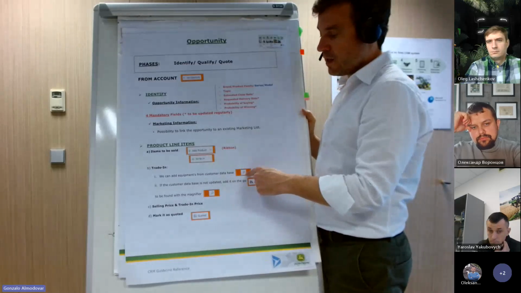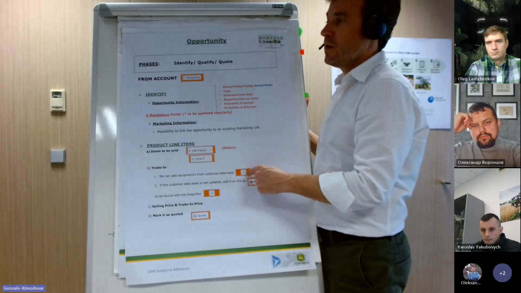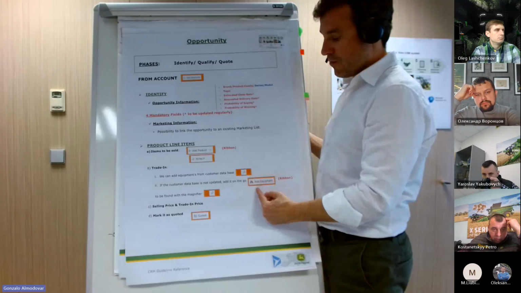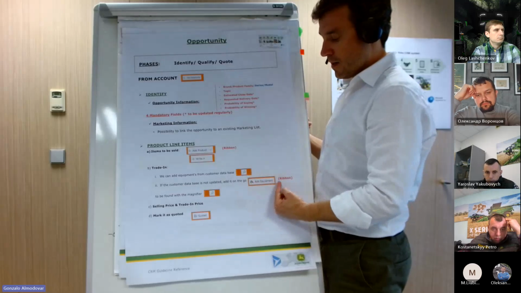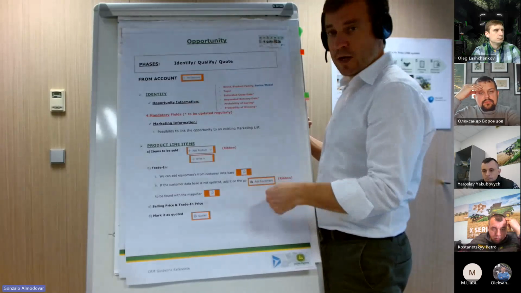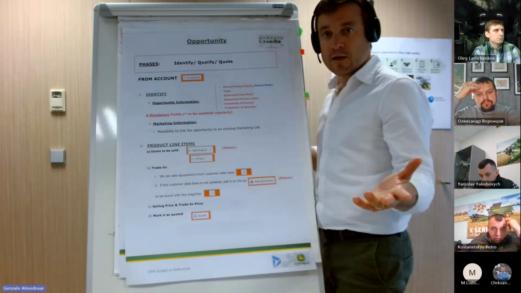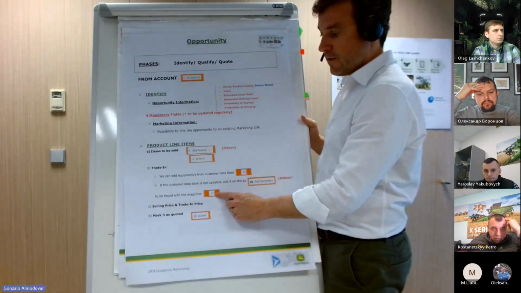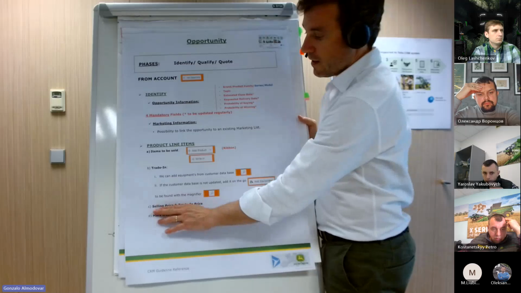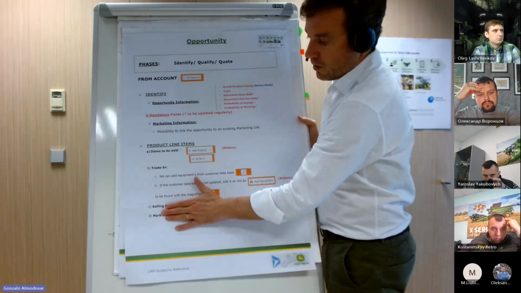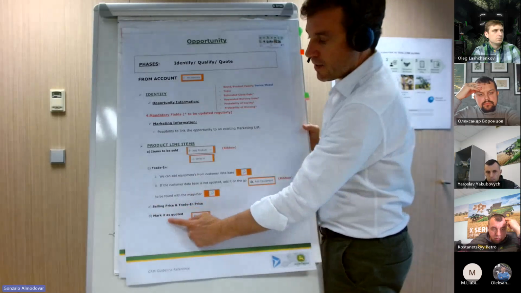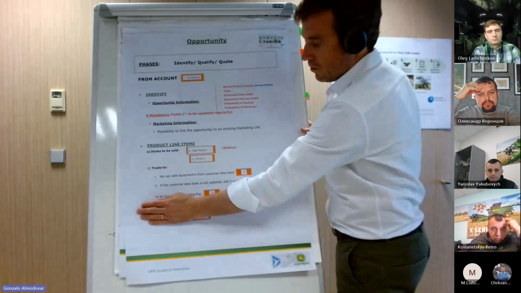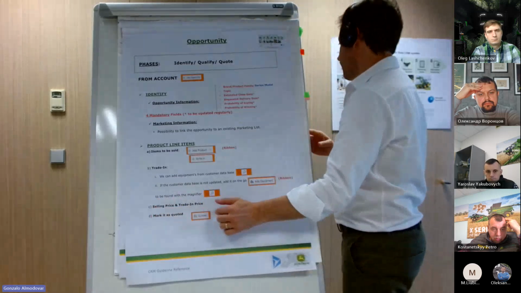If you cannot find it, that's because the database is not updated, then please press add equipment on the ribbon. So you add this new machine. This is exactly what I've done some seconds ago. And then you will be able to find it through the magnifier. So you can either, that's optional, adding the selling price, trading price, and mark it as quoted or not. You can jump it or use it, right?